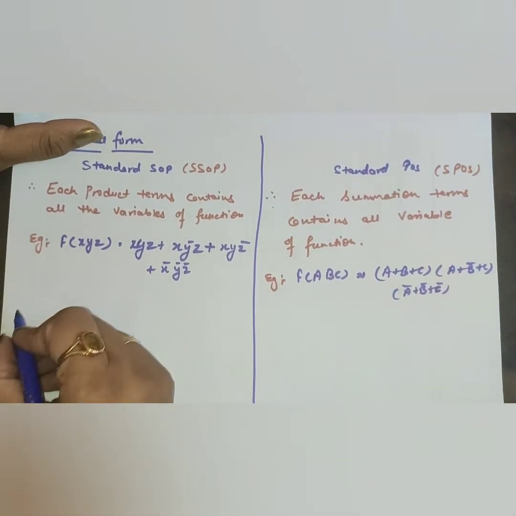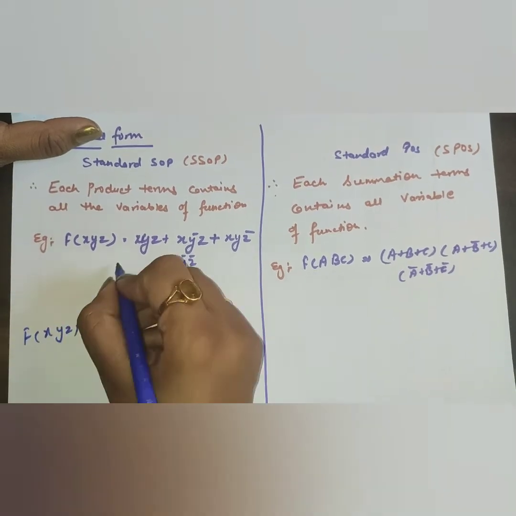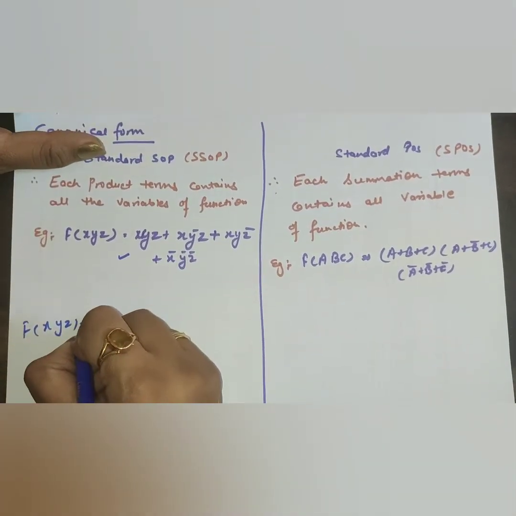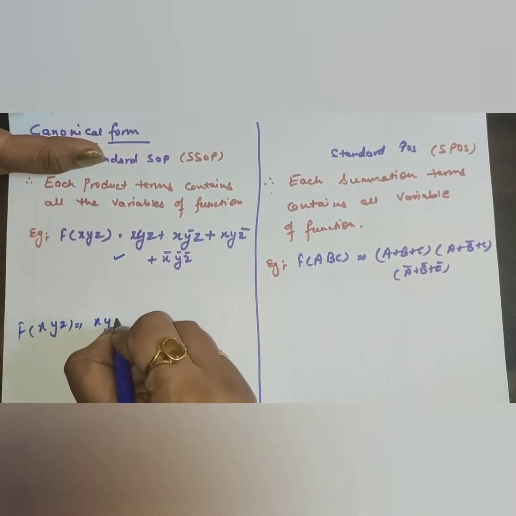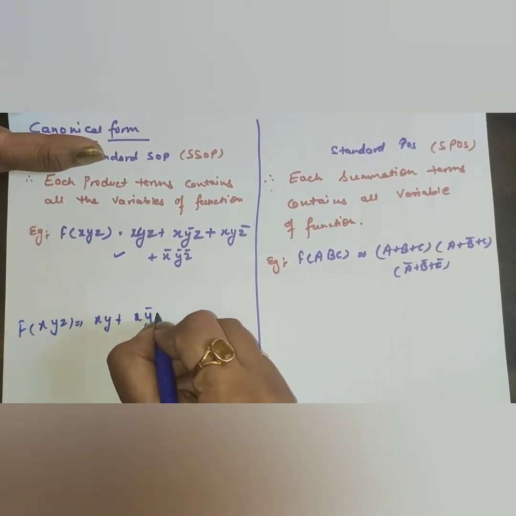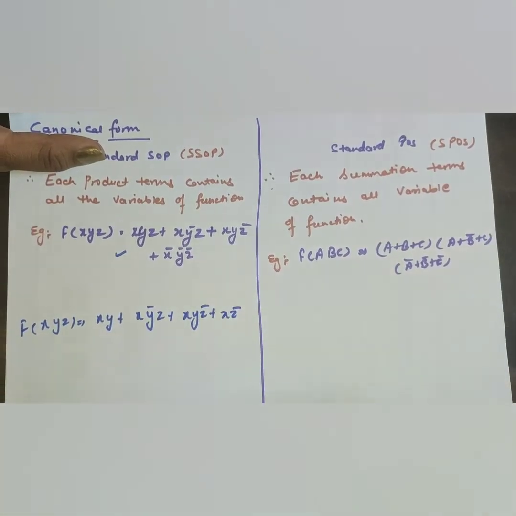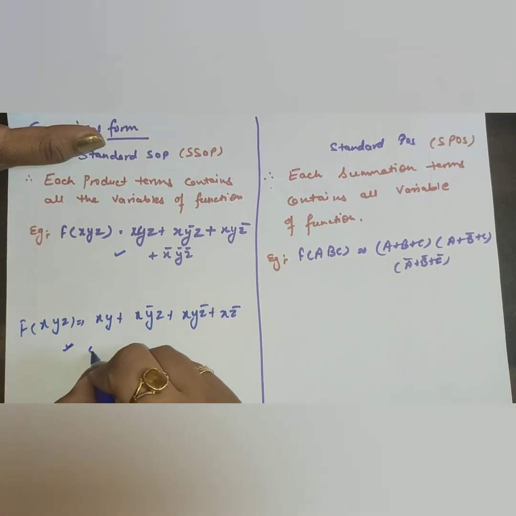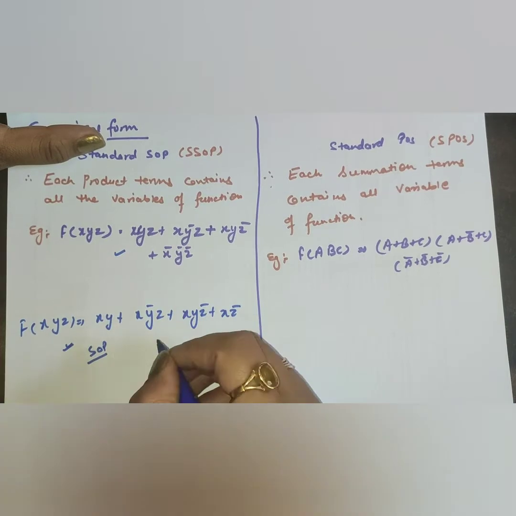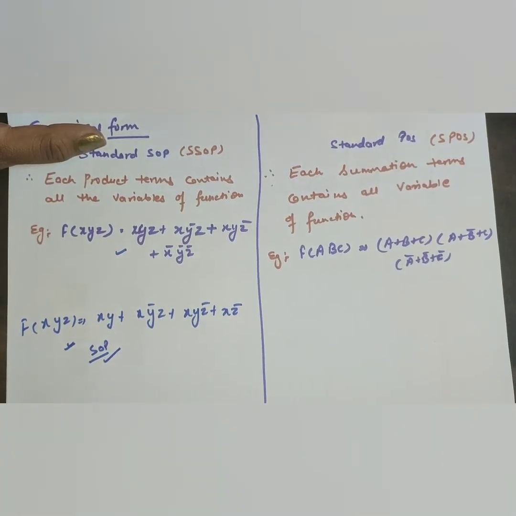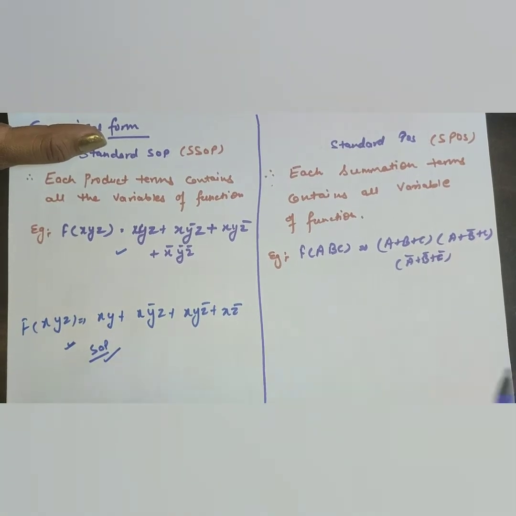Now I will explain an example. Let's suppose we have three variables x, y, z. We have x y plus x y bar z plus x y z bar plus x z bar. So this is a SOP form, sum of different products, but it is not standard SOP because it does not contain all the variables in all the product terms.